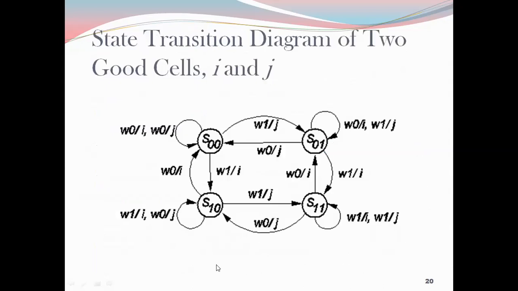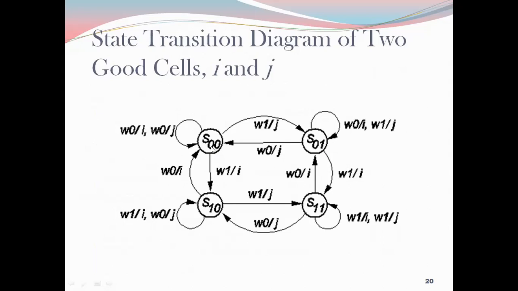So we need to understand the state transition of any two good cells. As I told you, I is going to be the victim, and J indicates your aggressor. The notation S00 means S_IJ.